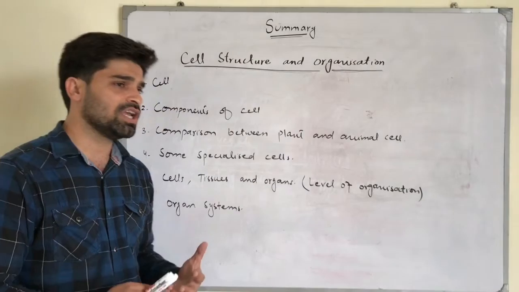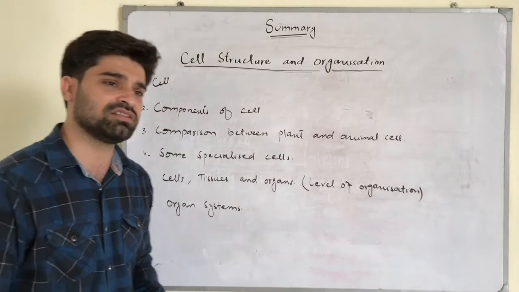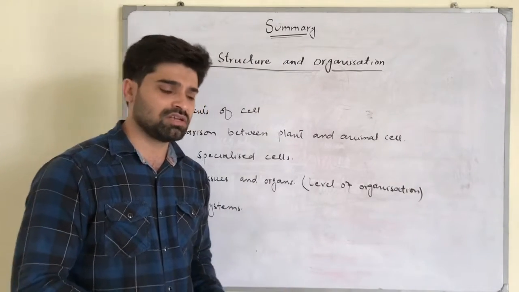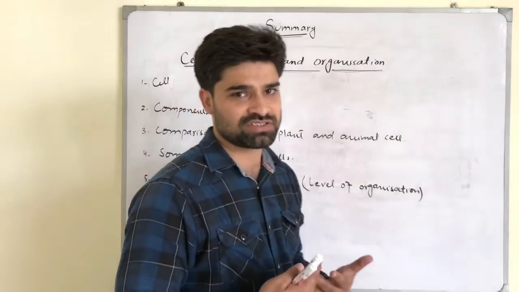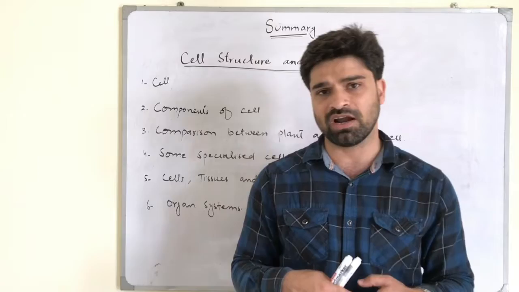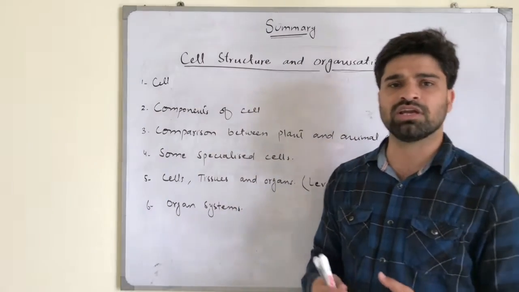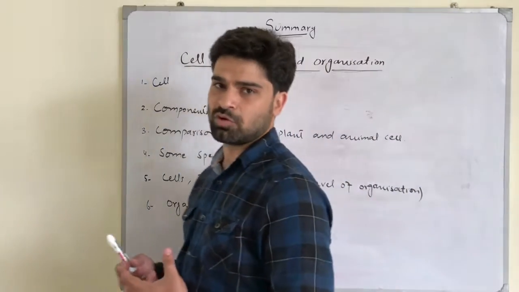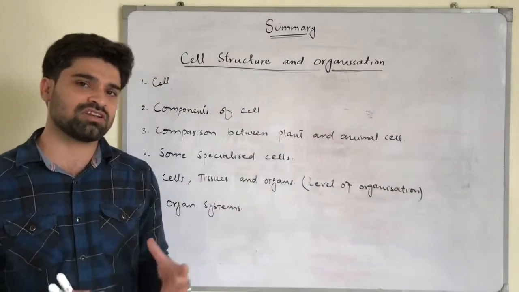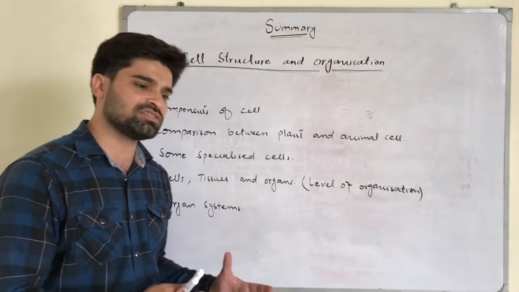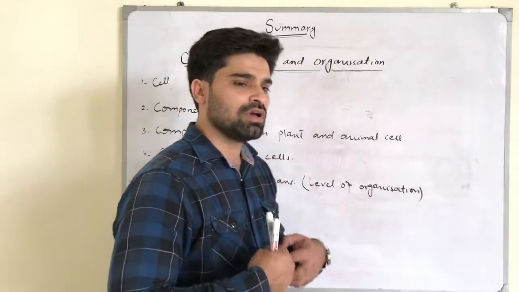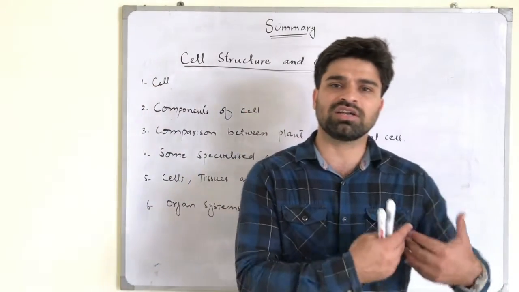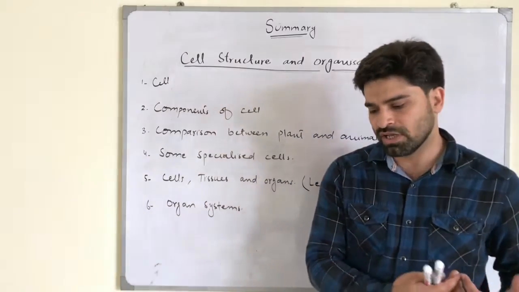Then we talk about another kind of specialized cell, the red blood cells. Red blood cells, as we all know, are the most common cells present within our blood, and they appear red due to a red color pigment, that is hemoglobin. And what is the special adaptation for the red blood cells? They are adapted to carry the oxygen from lungs to the other respiring tissues of the body.